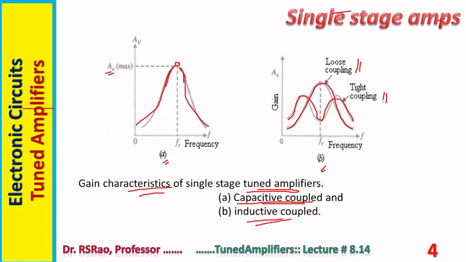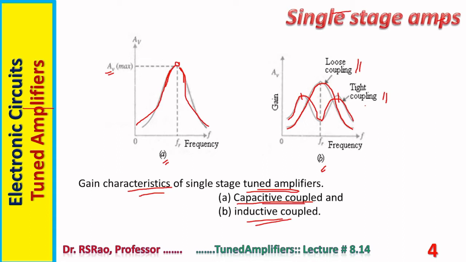This is one aspect. Another aspect is loose coupling gives maximum gain at one frequency, whereas tight coupling gives maximum gain at two frequencies. Here we get maximum gain, here also we get maximum gain. There are two points where maximum gain is possible with the tight coupling.